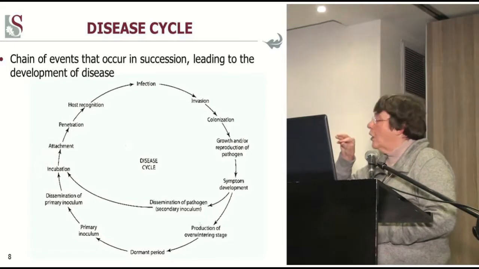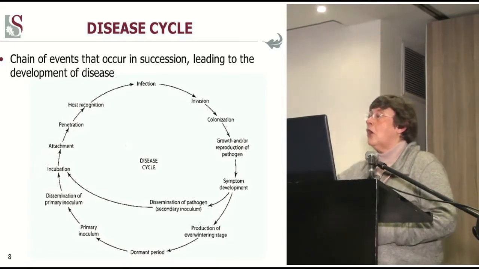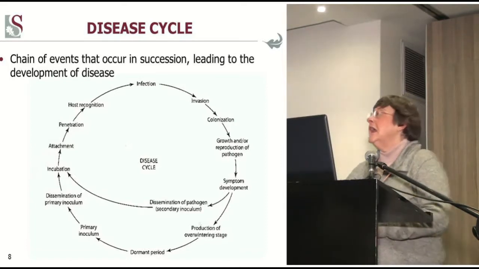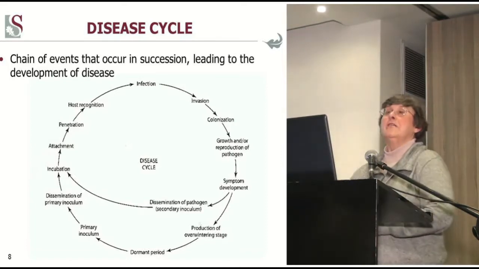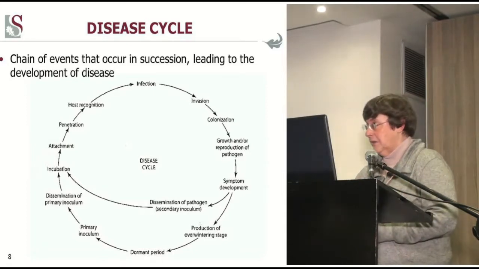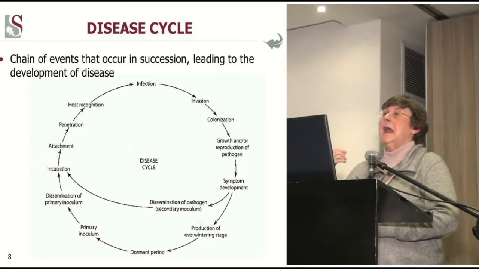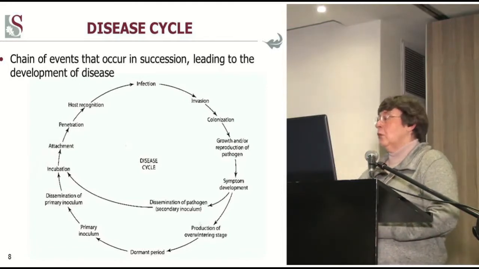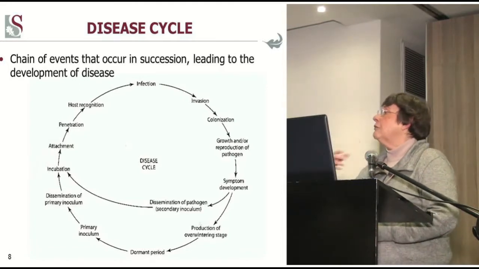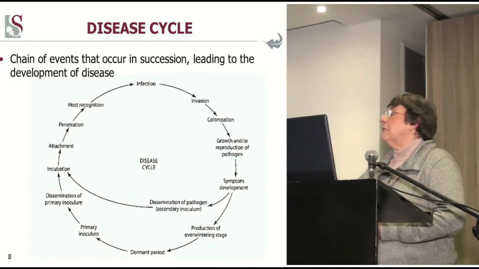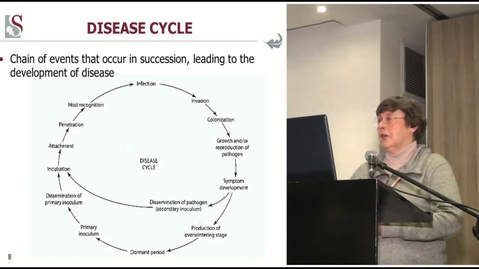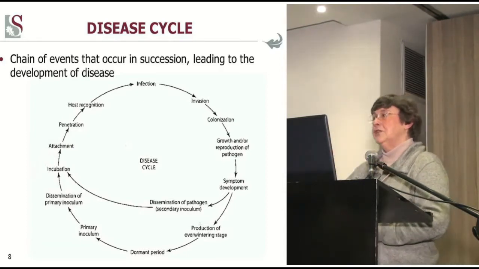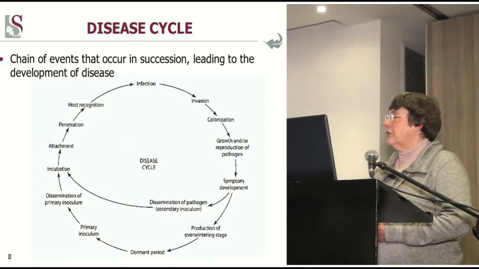It will then grow in that host, or proliferate or colonize the host. Once that colonization has happened, it will start to produce inoculum of itself. It will sporulate. Okay, so in a monocyclic pathogen, what will happen? That inoculum will be released and spread into the environment, and then probably the crop will be harvested, and that inoculum that is produced will then be available for the next season.